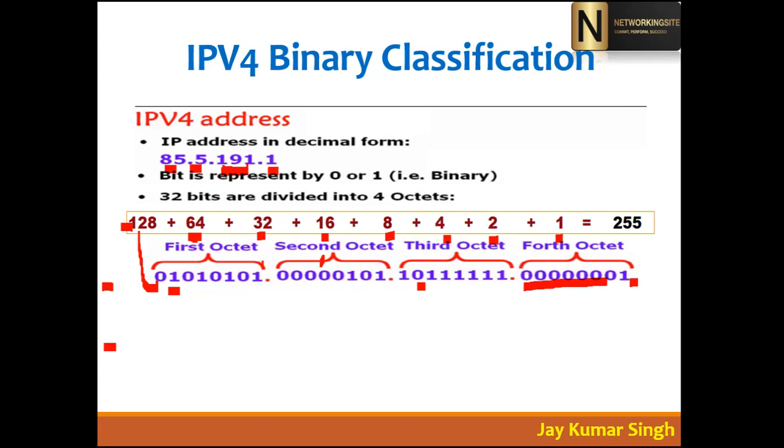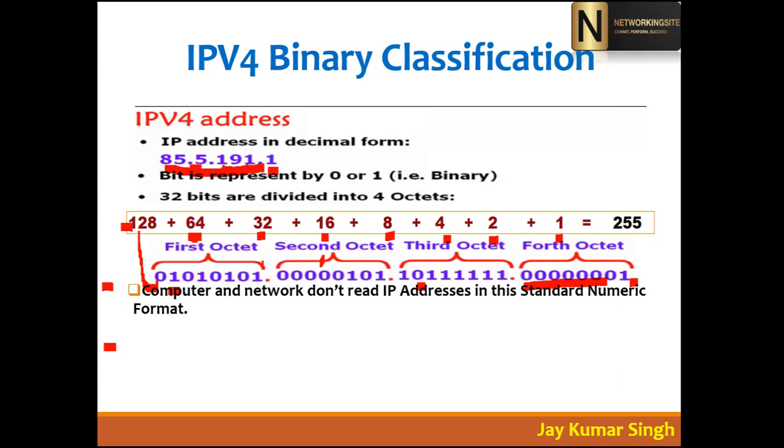Now see here, the IP address in decimal which I have given you. Bits are represented by 0 and 1 in binary format. In total we have 32 bits in an IP address, with 4 octets, so each octet is 8 bits.